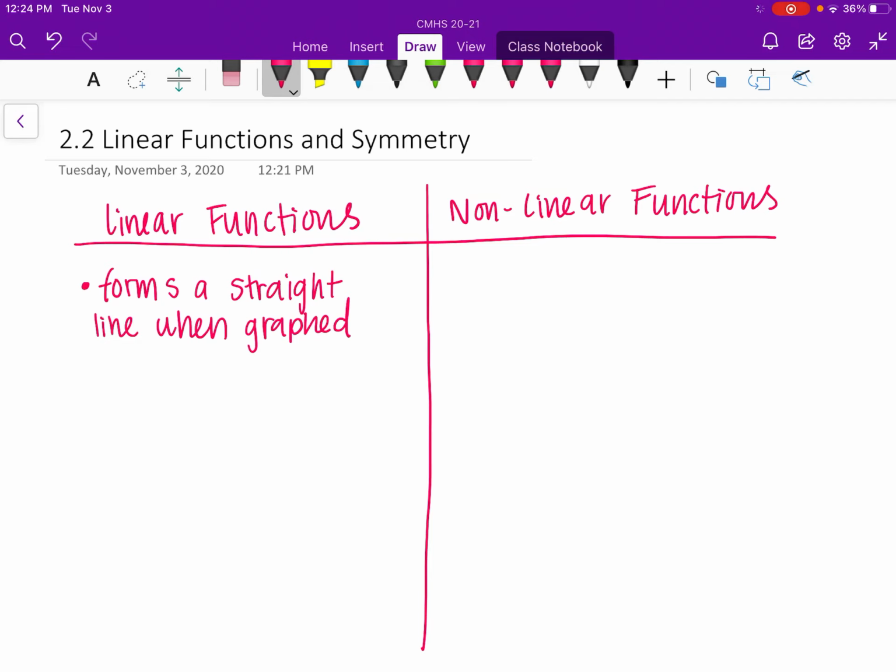And if something is nonlinear, that means it does not form a straight line. So over here, we're going to put, well, I should probably say does not form a straight line.